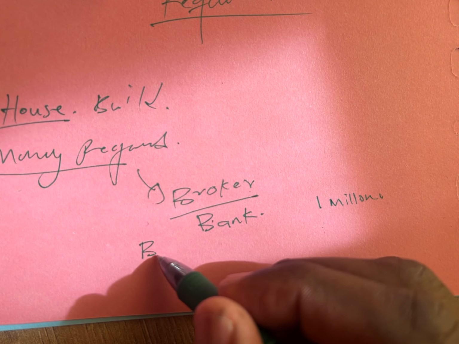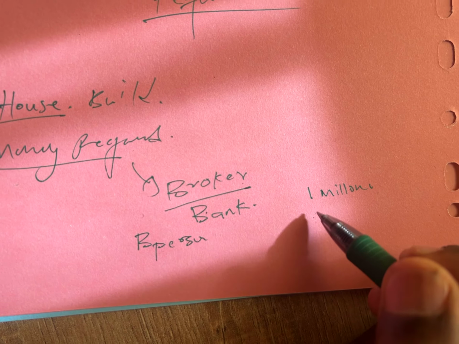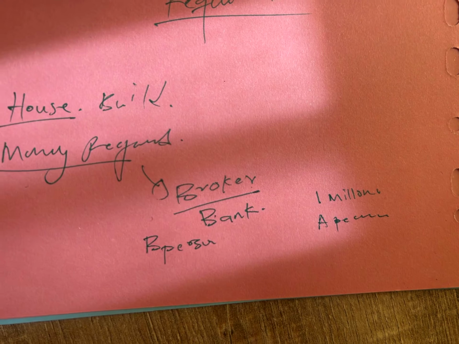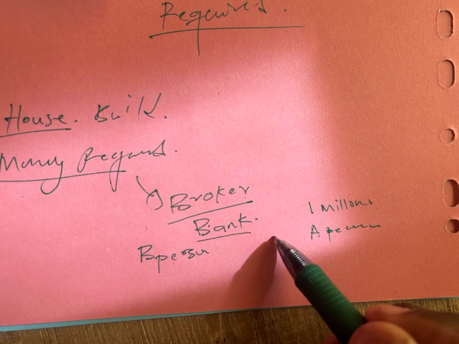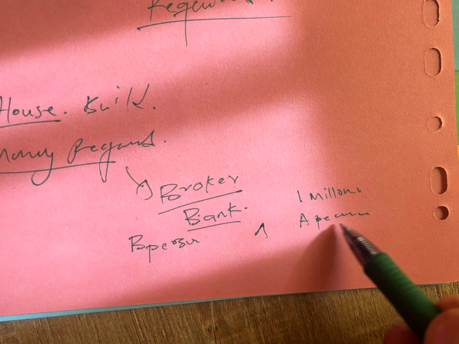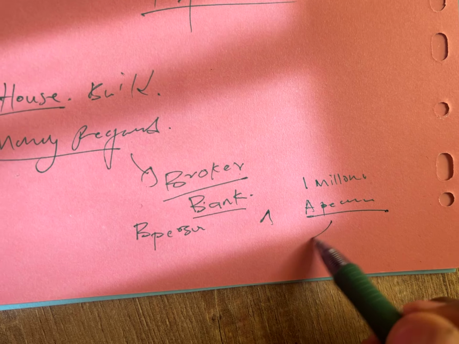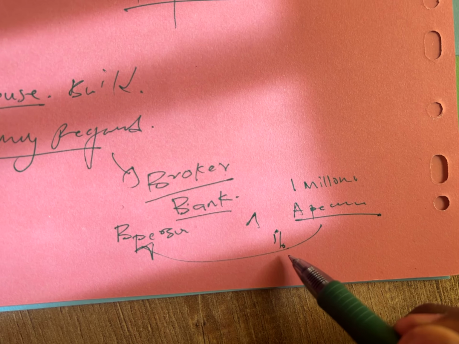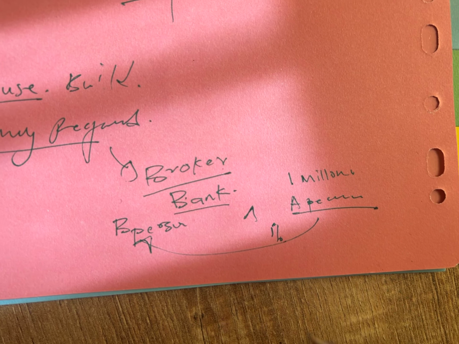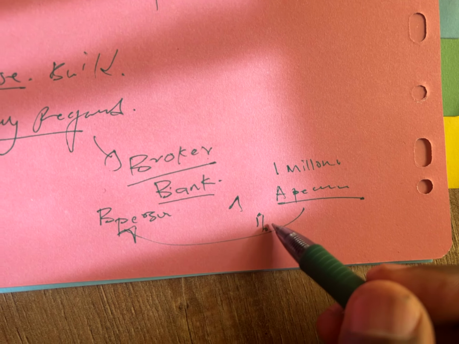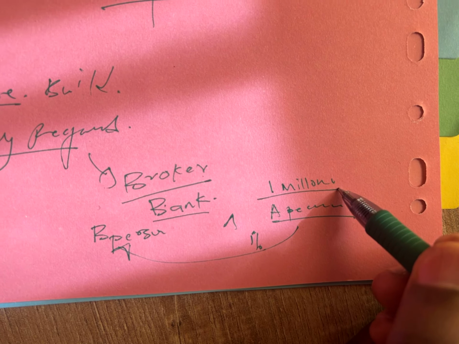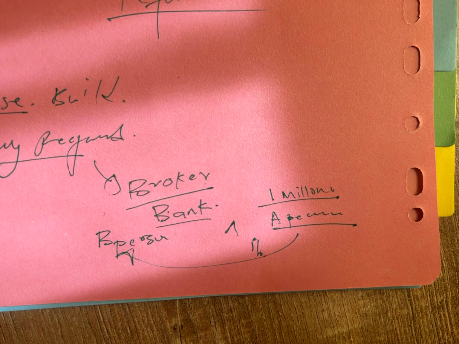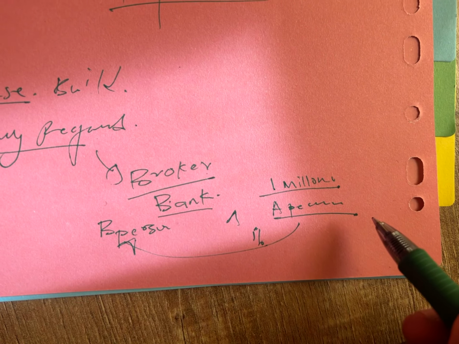I can put you as person B, and I can put this one as person A. The bank comes in the middle to take this money from person A and give it to you, and promises this person that we're going to give you 1% income profit on your $1,000,000. It doesn't matter which currency you're using.